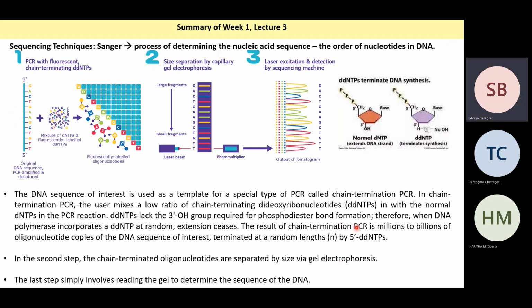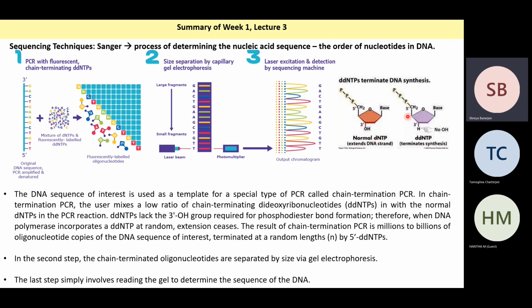So the result of this chain termination reaction is millions to billions of oligonucleotide copies of the DNA of interest, which is terminated at different lengths. So you can get 3 nucleotides, 5 nucleotides, 10 nucleotides, different lengths of this DNA whenever they are getting terminated by this dideoxyribonucleotide.